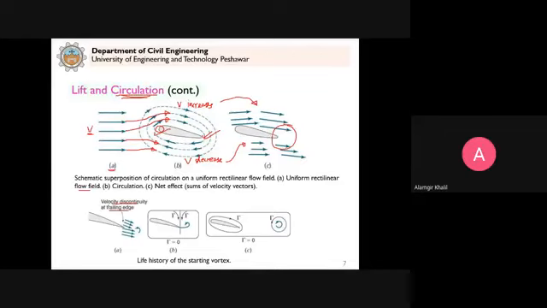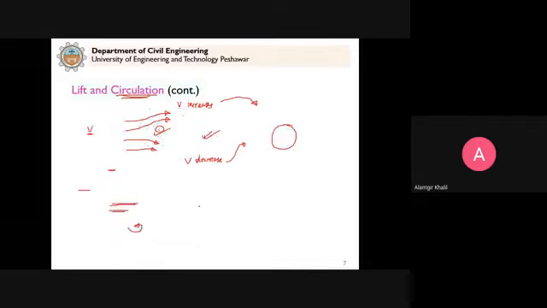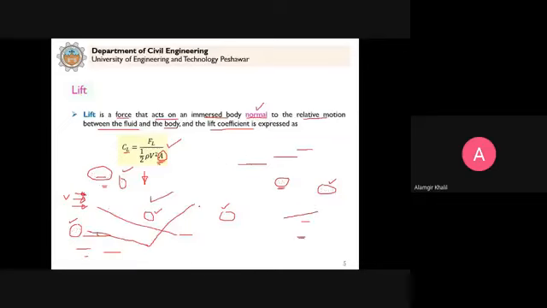So you can see the velocity discontinuity at the trailing edge. Because of the difference of the velocity vector, a vortex will be generated. We already saw the vortices. So a vortex is generated as this fluid leaves the body. This is a very important concept. Clear?